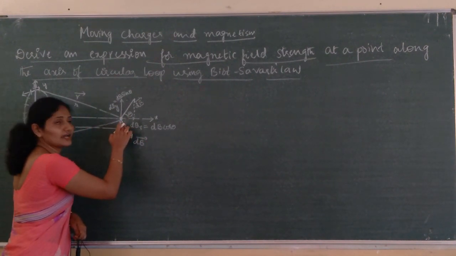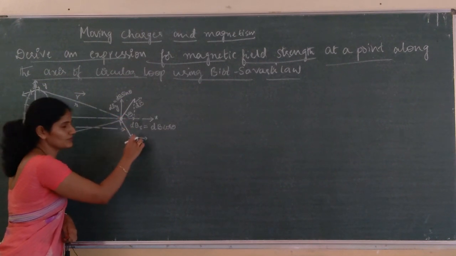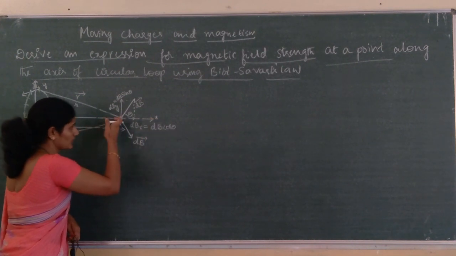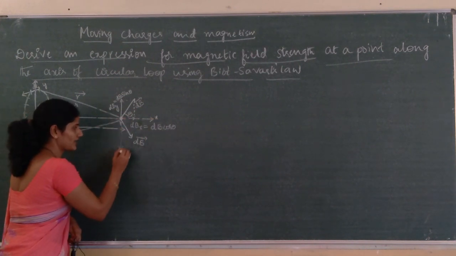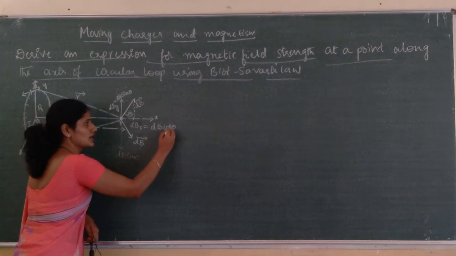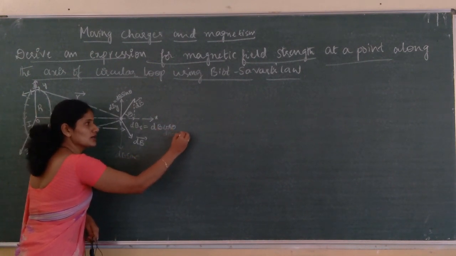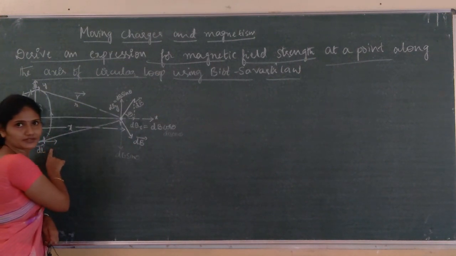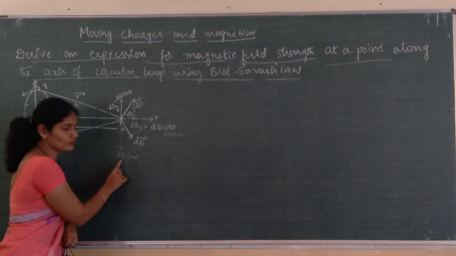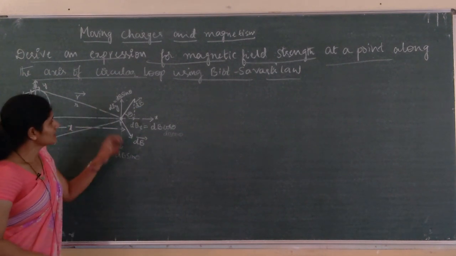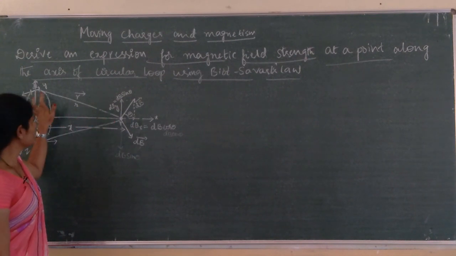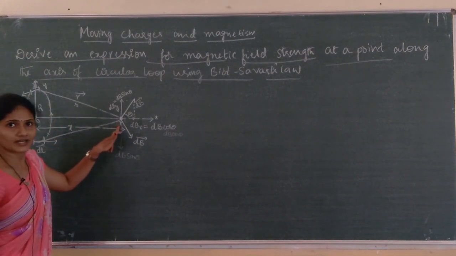Again, this is theta. You have to resolve this dB vector into its components. One is the cos component along the x axis, another one is the sin component along the y axis. So this is dB sin theta, this is dB cos theta due to this line element, right. So dB sin theta, here also we have dB sin theta. They are equal in magnitude, right.